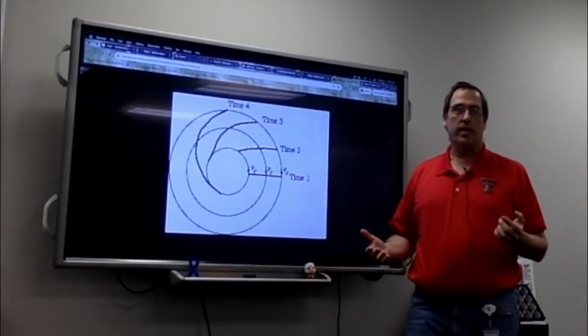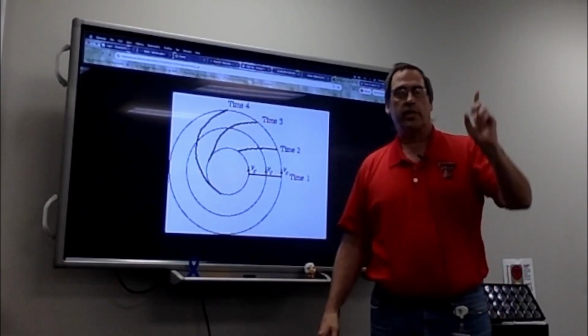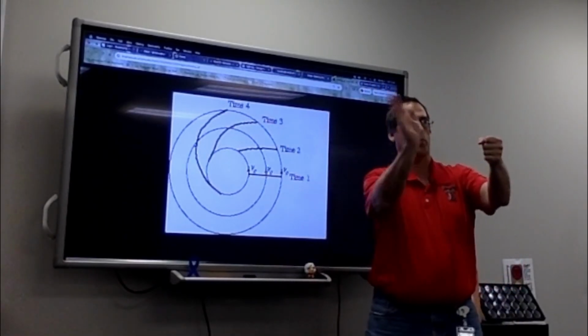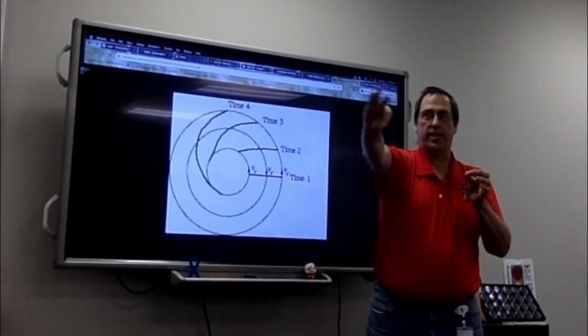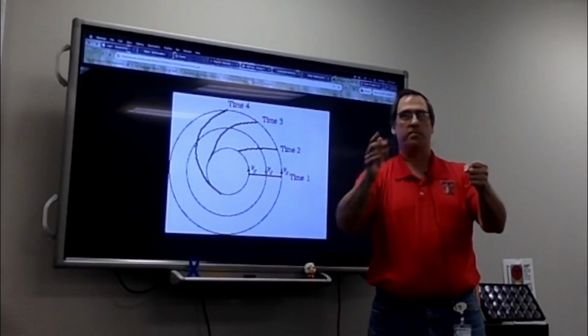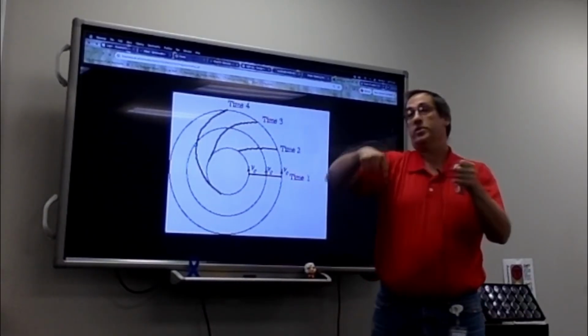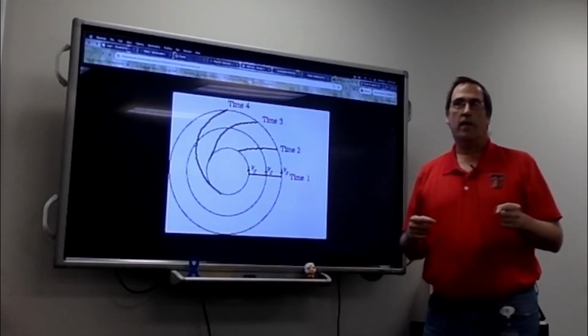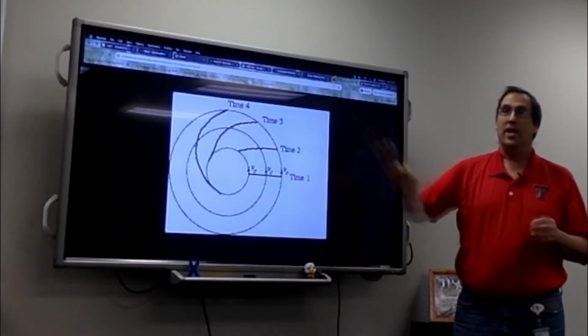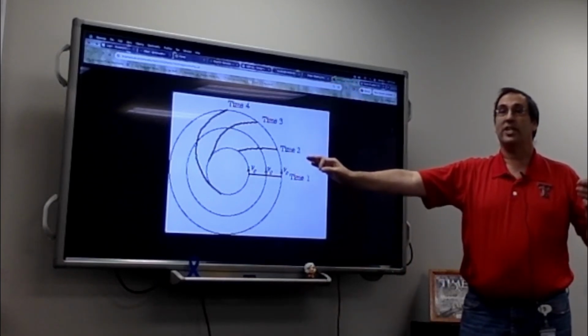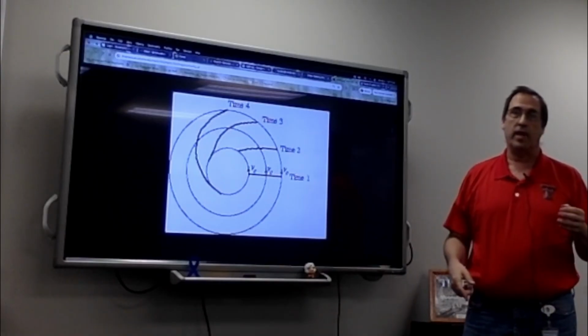You go to the circus and the clown's up there with the plate spinning on the string. If you were to draw a line from the center of that plate to the outside, no matter how fast he spun it, that line would be straight. If you have a scratch on your vinyl, that line doesn't change shape no matter how fast you spin that record around.